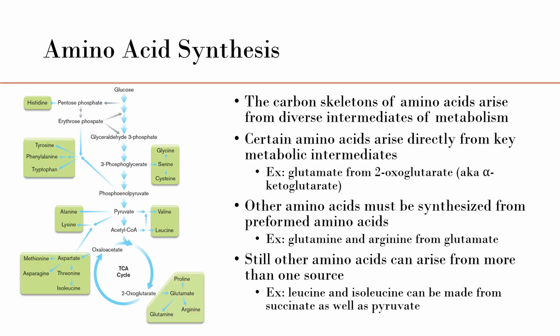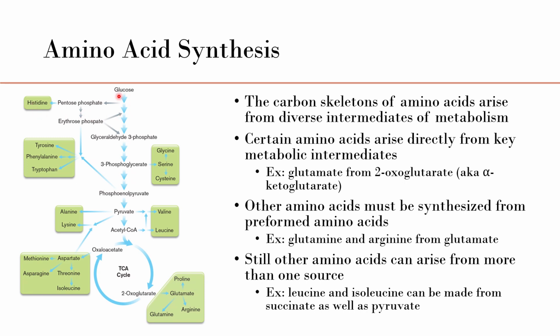With this, a lot of the skeletons of these amino acids come from intermediates of metabolism, from intermediates of glycolysis or the TCA cycle. You can see that here, where we can shuttle specific intermediates away and make the amino acid from them.